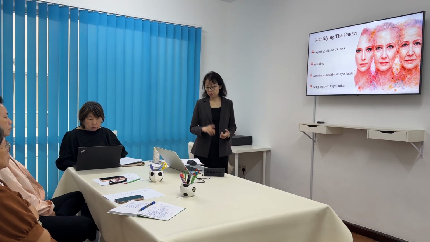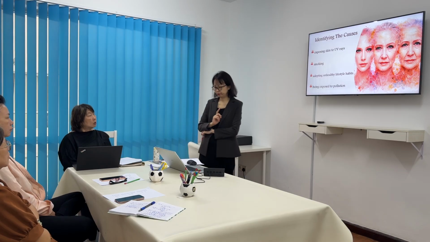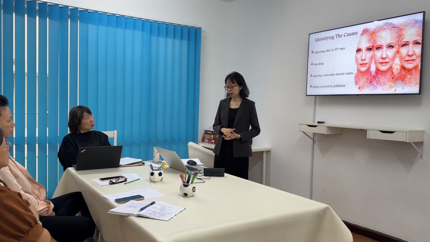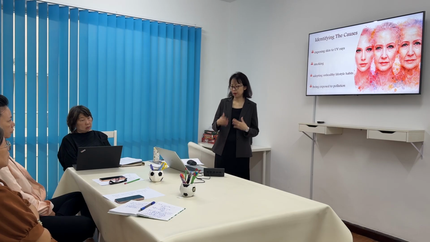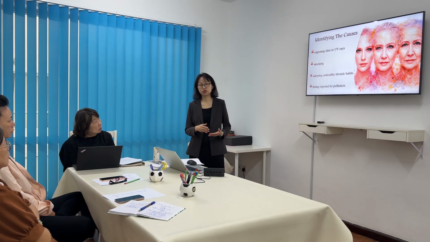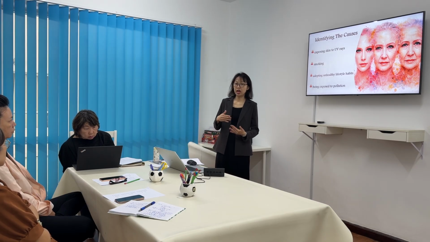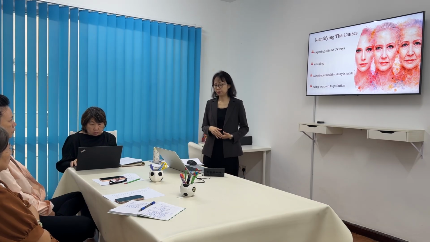So UV is the number one external aging factor. It causes photoaging and DNA damage, and it breaks down collagen over time. So UV doesn't just create wrinkles, it disturbs the skin balance and accelerates internal aging mechanisms.